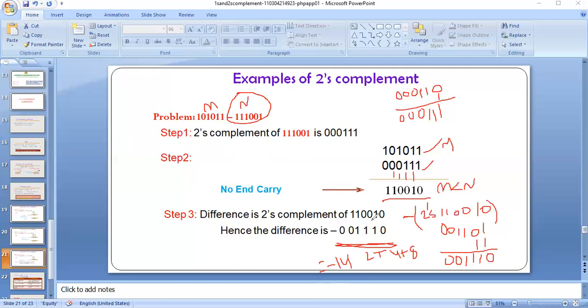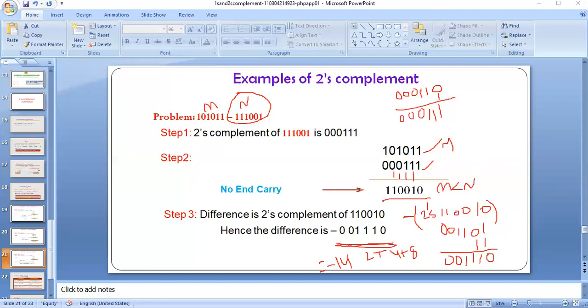Okay, so this is all about the ones complement and two's complement method of subtraction for binary numbers. So we have two conditions, m greater than n and m less than n. In the two's complement method, if it is m greater than n, there is an end carry in the result, so we have to ignore that end carry.